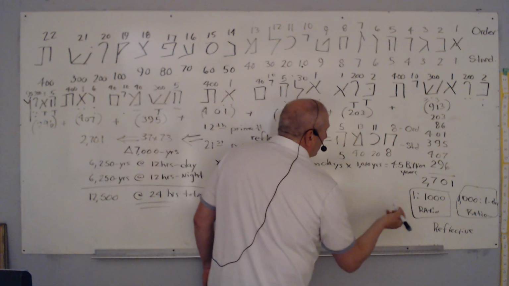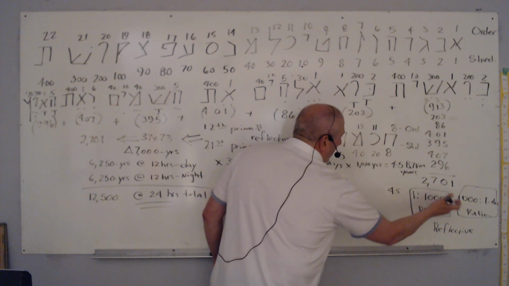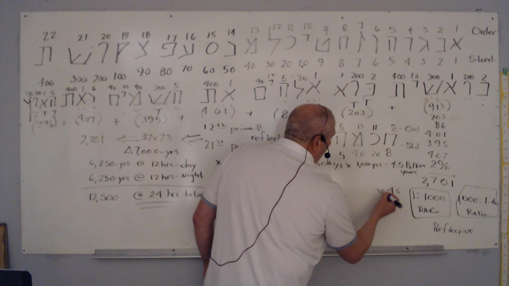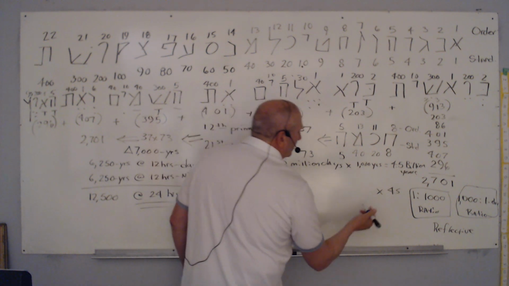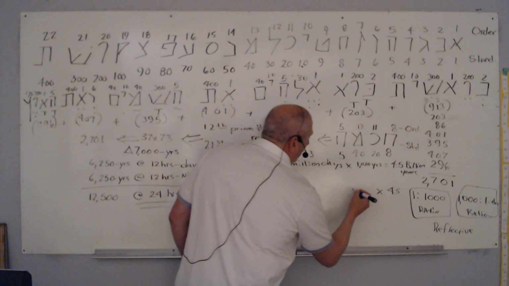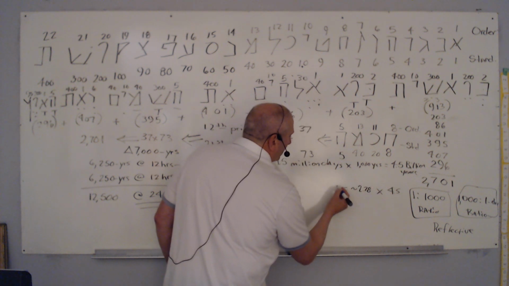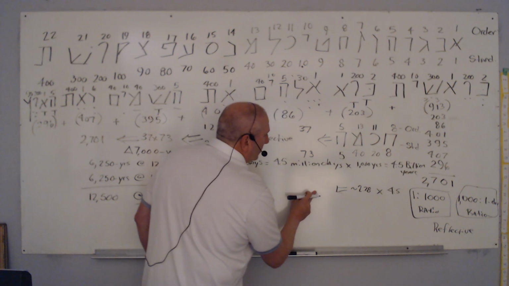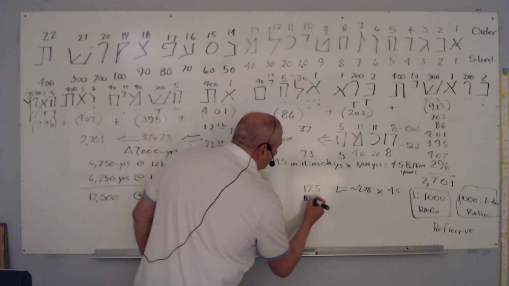We then came the other direction, took the 4.5, so we're going 1,000 years to a day. 4.5 times 1,000 days, not years. 1,000 days is approximately 2.78 360-day years, equals 12.5 billion.